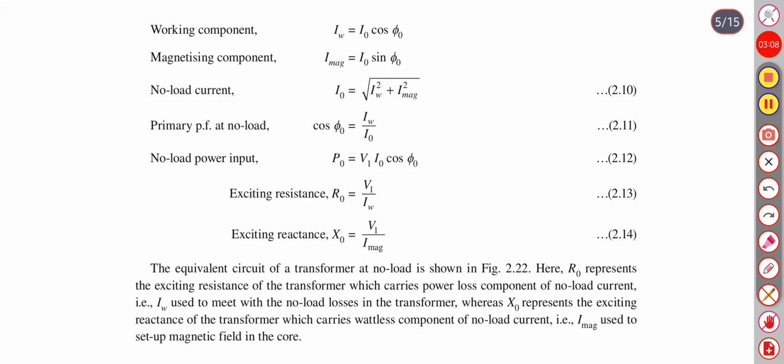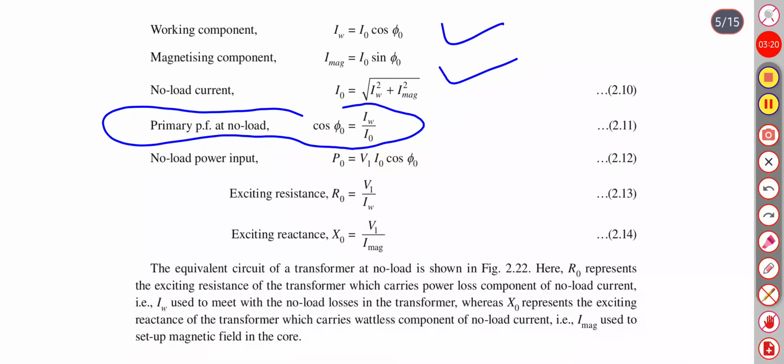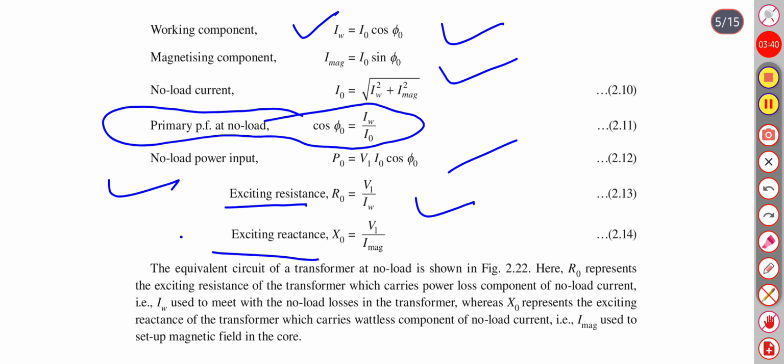So we can say IW equals I0 cos phi 0, I magnetizing equals I0 sin phi 0, and the power factor at no load will be cos phi 0 equals IW upon I0. No load power input will become P0 equals V1 I0 cos phi 0. Exciting resistance will become R0 equals V1 upon IW, and exciting reactance X0 will be V1 upon I magnetizing.